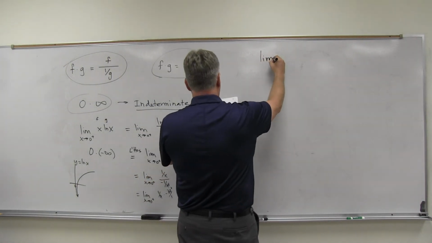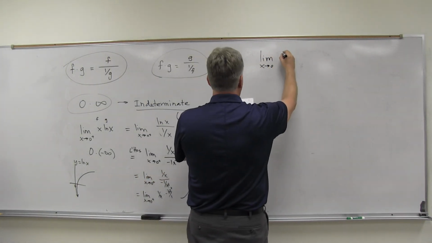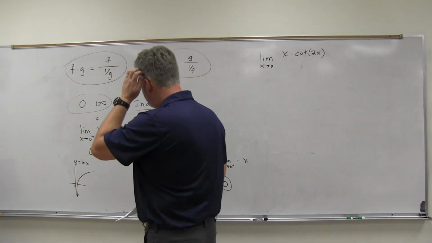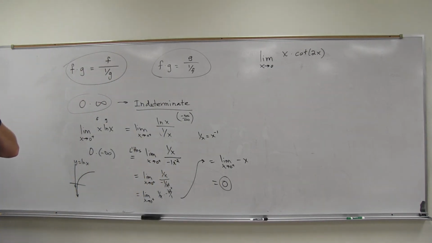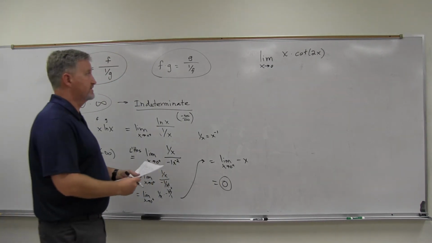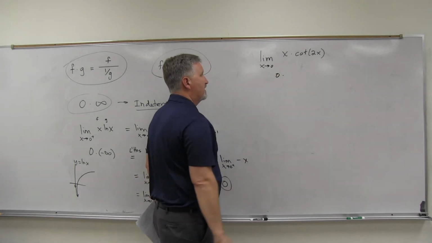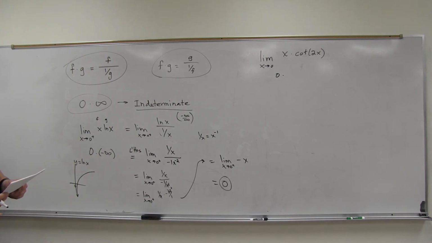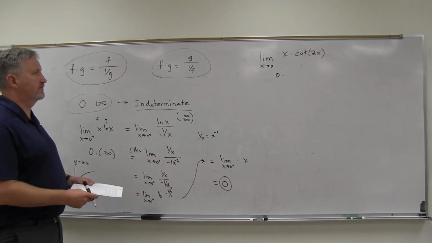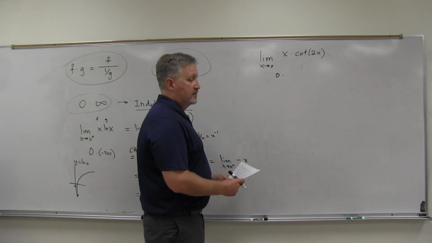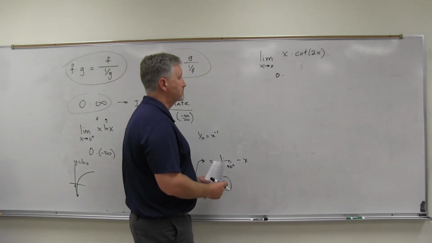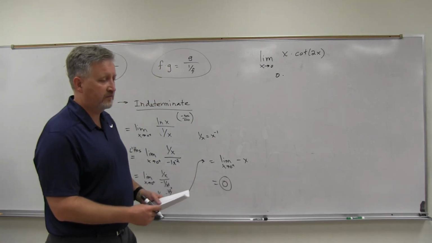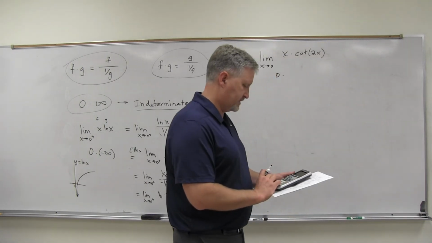This is a good example. The limit as x approaches 0 of x times cotangent of 2x. Well, obviously x goes to 0, so that's 0, times cotangent of 2x as x approaches 0. Well, cotangent of 0, isn't that one of the asymptotes of cotangent?